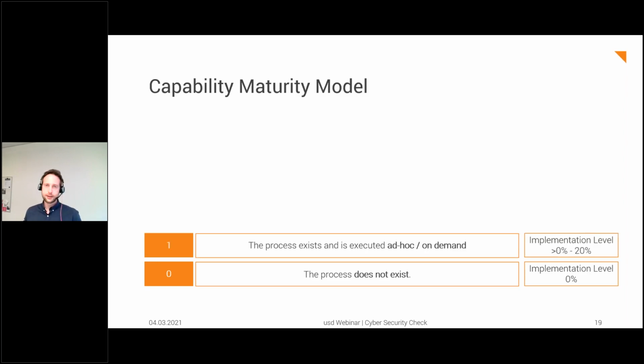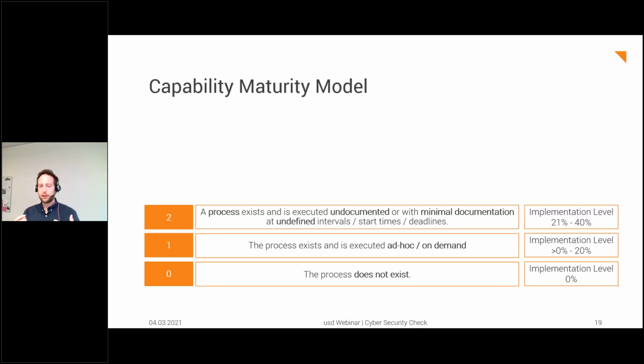If you do a process but only do it once, say you did 1 penetration test within the last 5 years, it's probably better than doing no penetration test. But if it was 4 years ago, it really maybe doesn't help you today. So that would be something of a 1.